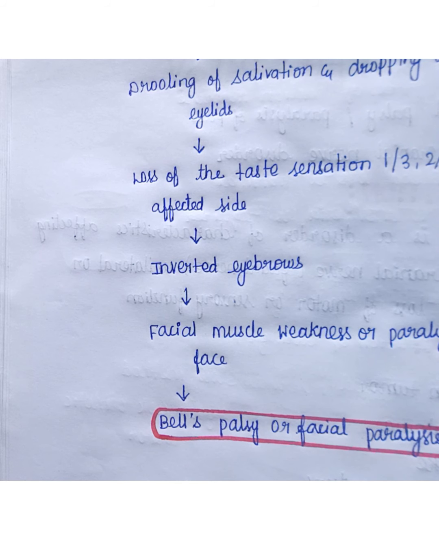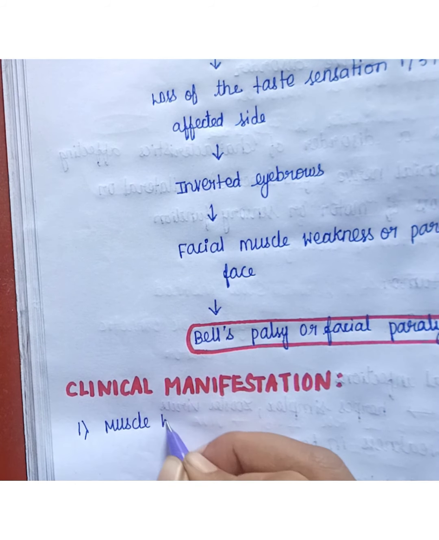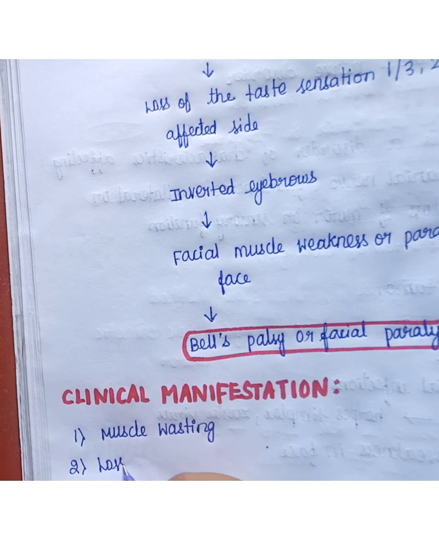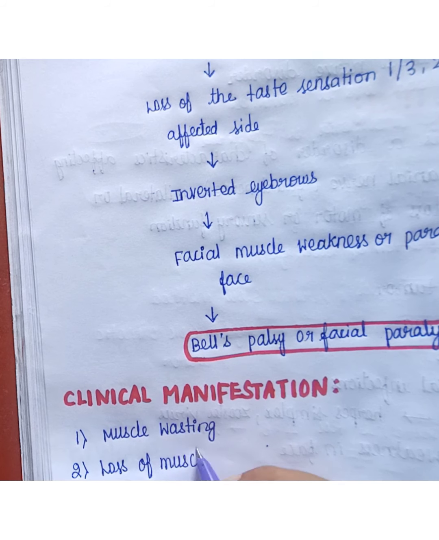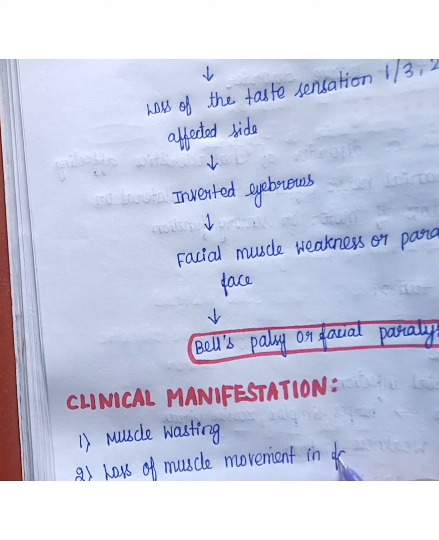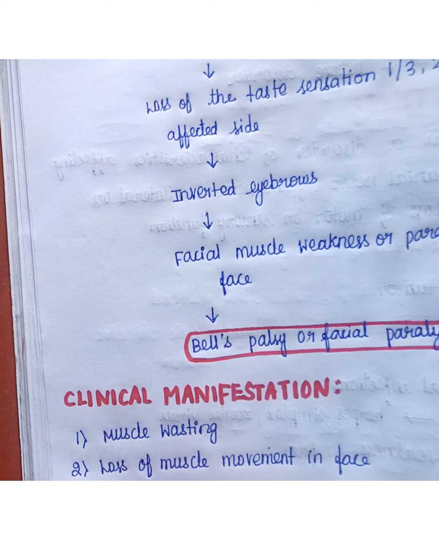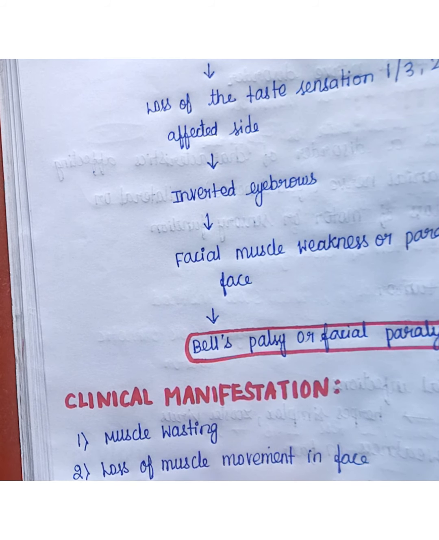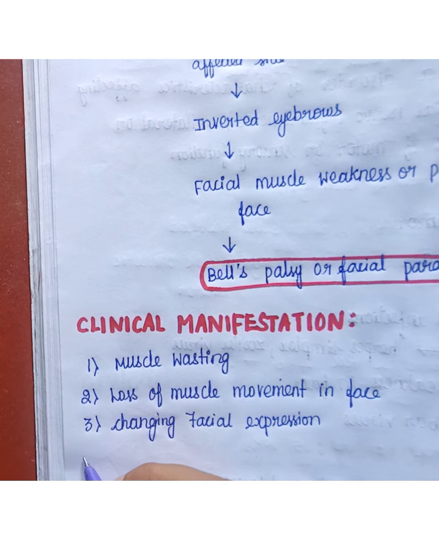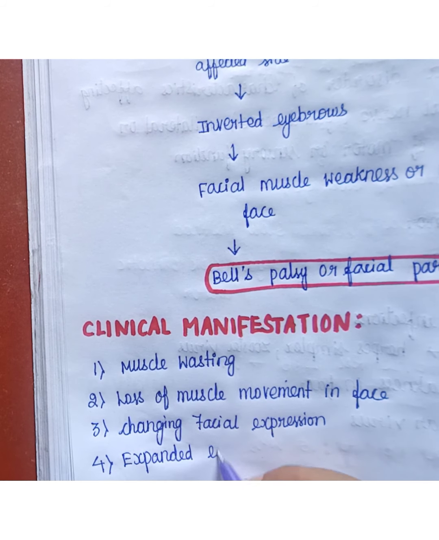Next is clinical manifestation. In clinical manifestation, the first one is muscle wasting, the second is loss of muscle movement in the face, and the third is changing of facial expression. The fourth is drooping of eyebrows and eyelids.